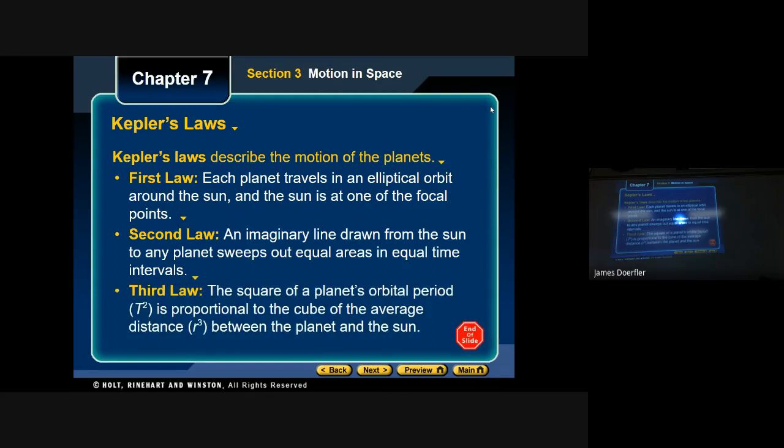And his third law states that the square of a planet's orbital period, which is denoted as capital T squared, is proportional to the cube of the average distance, r cubed, between the planet and the sun.